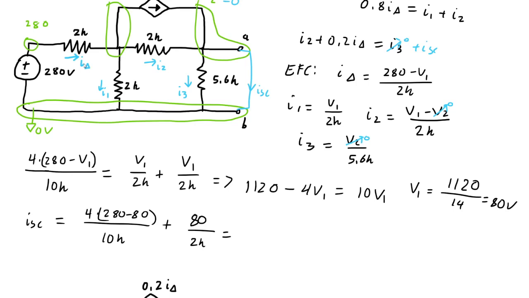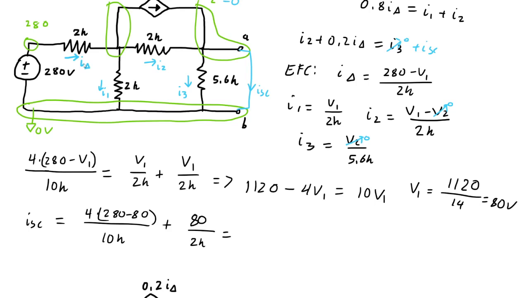Did I make a mistake? Let's see. 280 minus V1. Let me double check. 10k divided by 2k is 5. Okay, I1, I2.